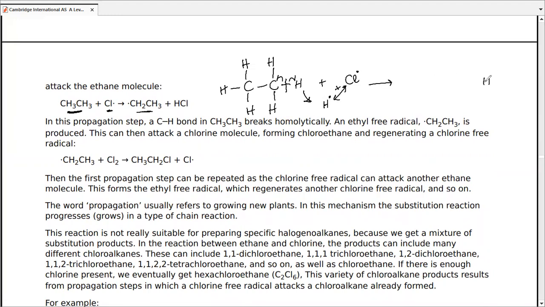So we're going to have a single bonded HCl molecule and we are going to have a CH2CH3. And since we're going to show the free radical, you'd notice the dot on carbon, not on any of the hydrogens. And it has to be the exact carbon. So the carbon which has one hydrogen atom less, that carbon is actually the base for the free radical for this whole molecule.